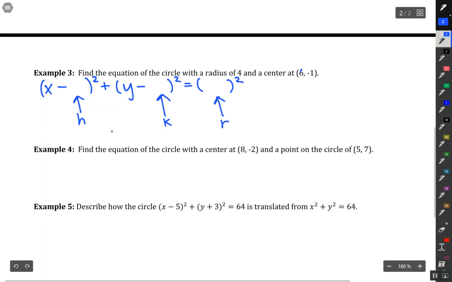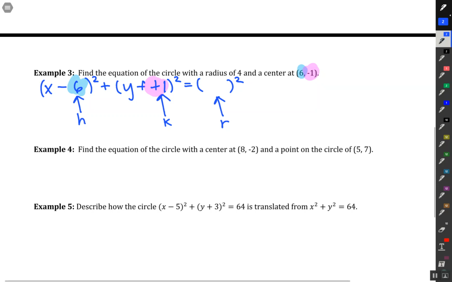Alright, so our h is 6, so it needs to go right there. Our k is -1, it's going to go right there. And yes, the negatives will cancel into a positive.